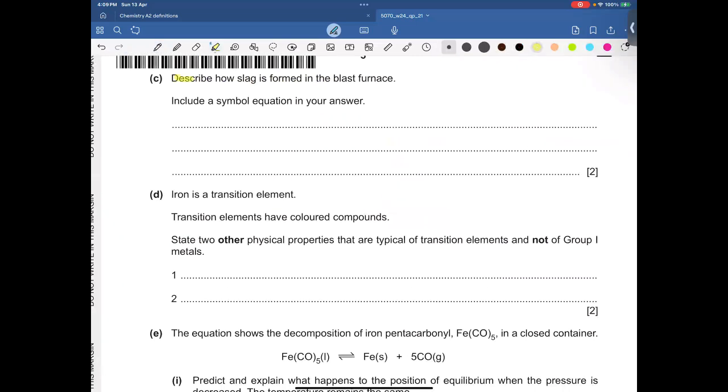Describe how slag is formed in the blast furnace. Include a symbol equation in your answer. So we need to mention a symbol equation also. So first of all, calcium carbonate is decomposed into calcium oxide and carbon dioxide.